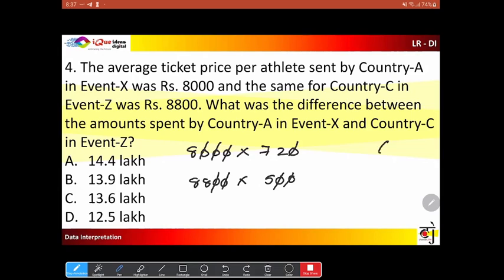So 8 2s are 16, 8 7s are 56, 5 8s are 40, 5 8s are 40, 44. So the difference is 576 minus 440, so 136. So only one option, 13.6.